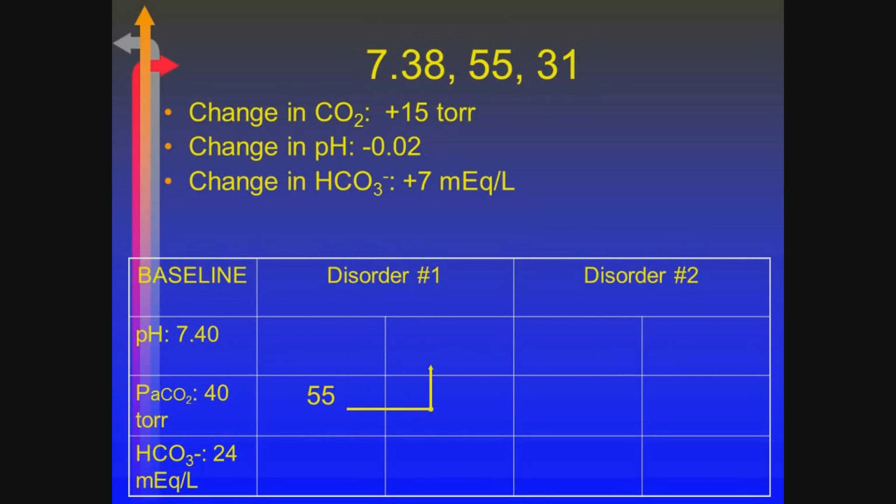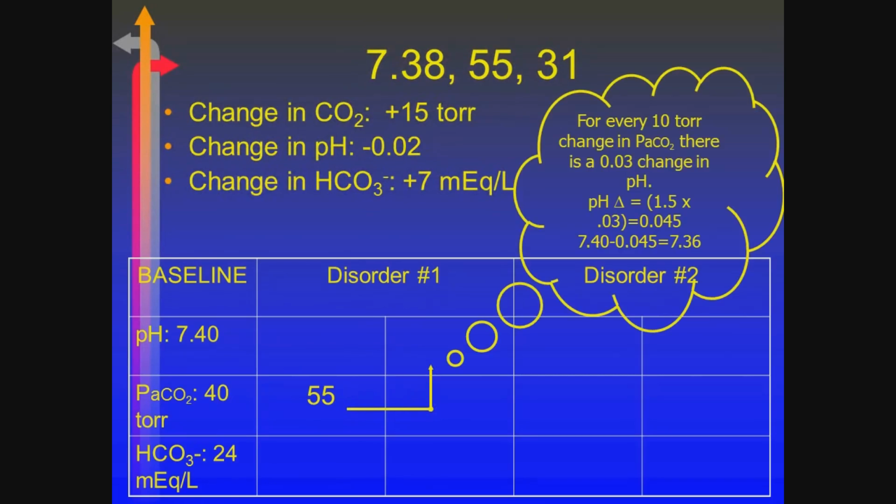So my CO2 change of 55, for every 10 torr change in PCO2, there's a 0.03 change in pH because it's a chronic problem, right? So that means 10 torr, 0.03. I have a 15 torr change, and I want to solve for that, okay?